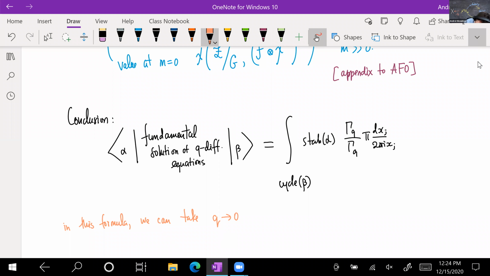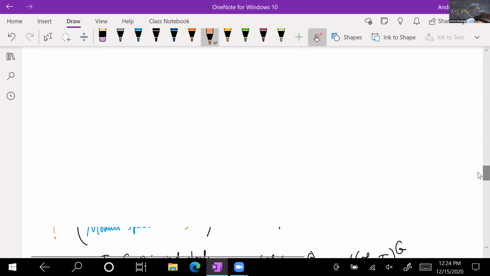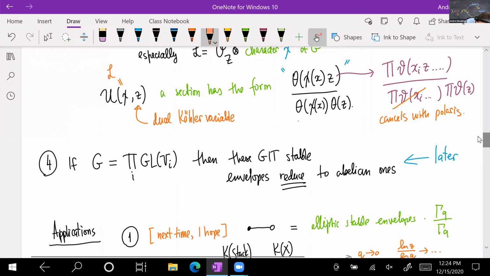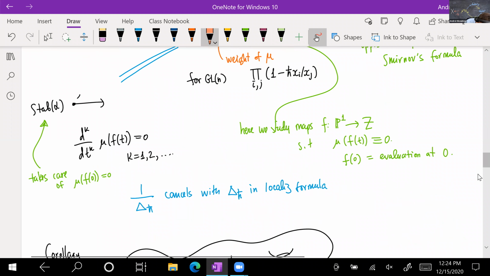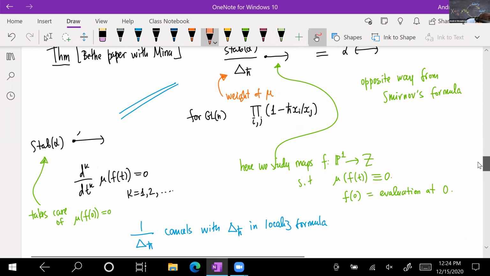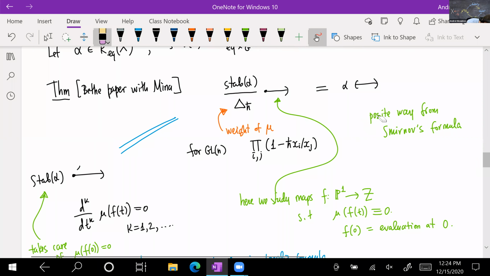So maybe I should go back to this point here. It's maybe not a major point, but maybe I'll stress this here. So maybe it's here. So maybe the point I want to make.